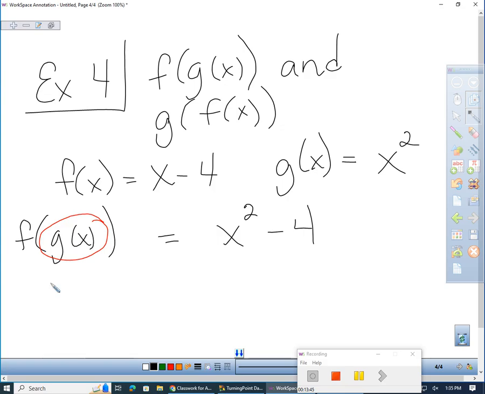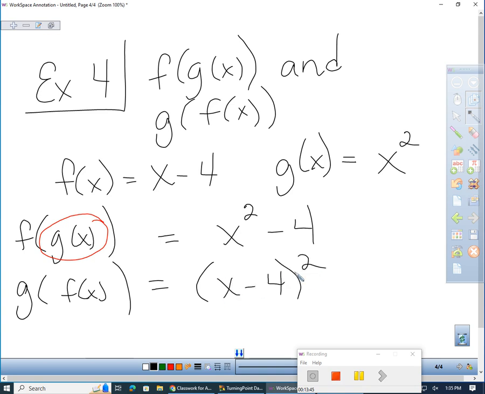Now let's do it the other way. If I'm doing g of f of x, I am taking this f of x equation and putting it in the g equation where x is. So this is going to be x minus 4 squared. So what do you think we have to do with that? We've got to multiply it out.